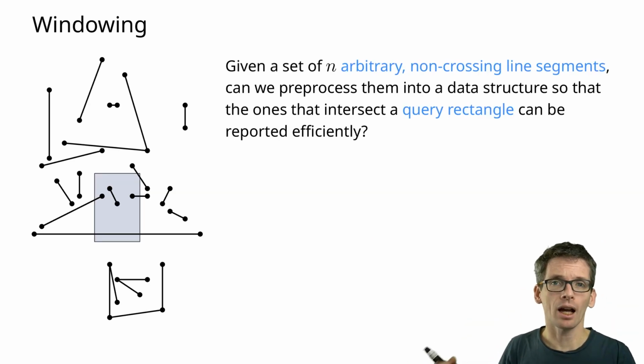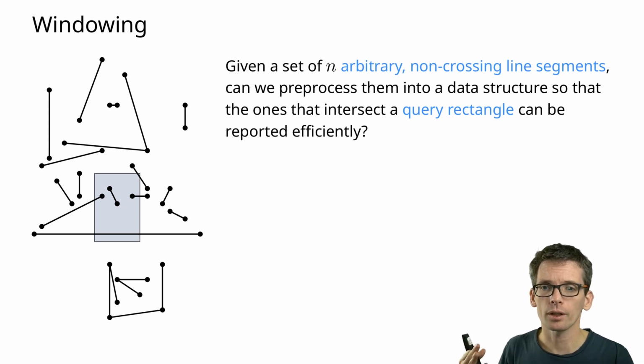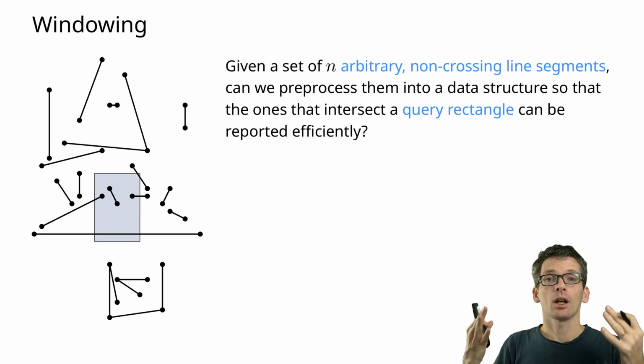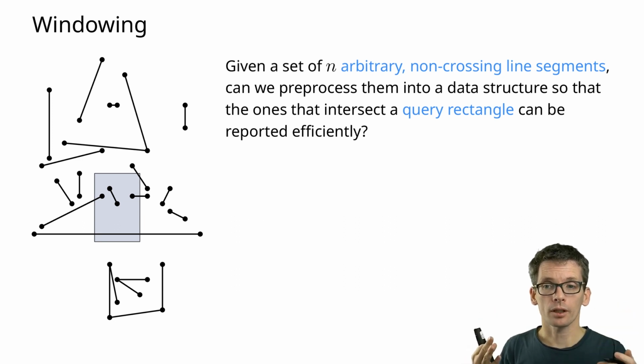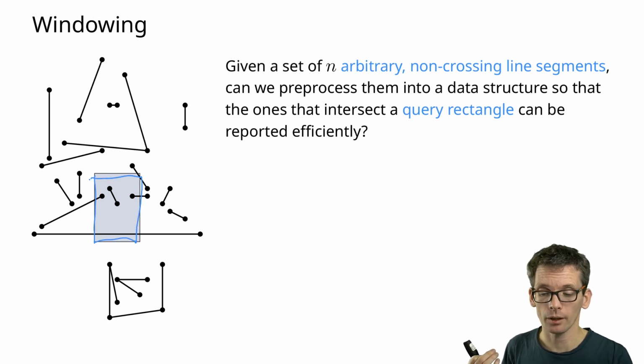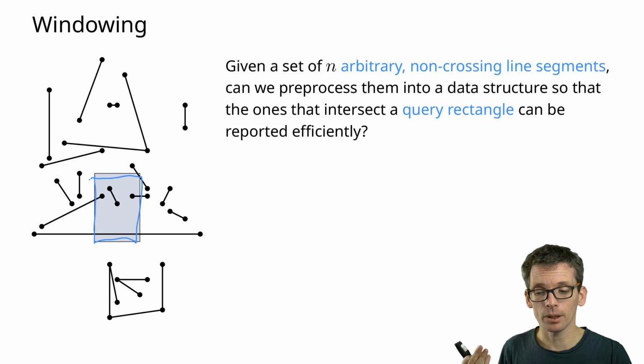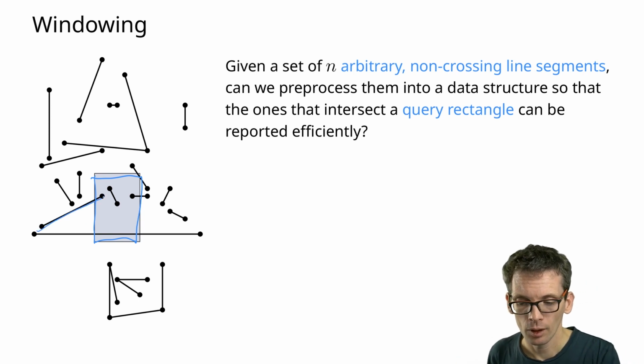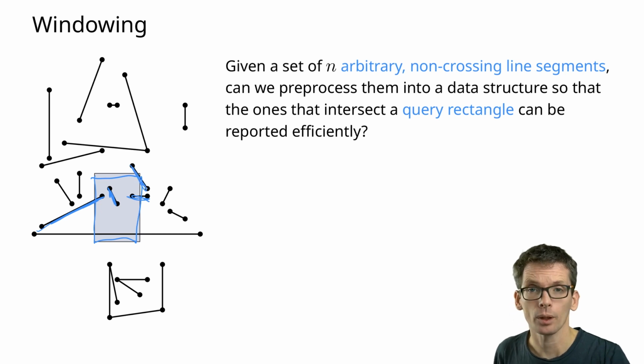We're given n arbitrary non-crossing line segments, as you see here, and we want to pre-process them such that, given an axis-aligned query rectangle, we can report all segments intersecting that rectangle. So this one here, but also the one that's inside, this one, and that one.